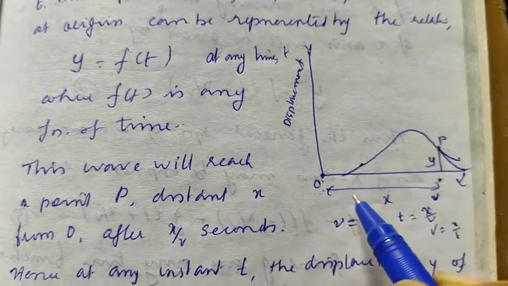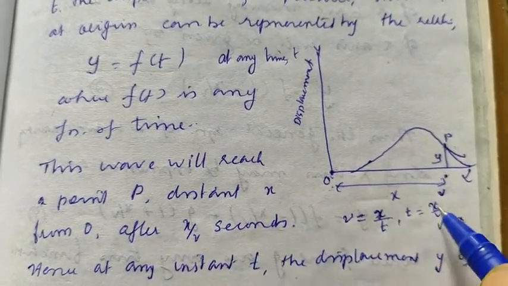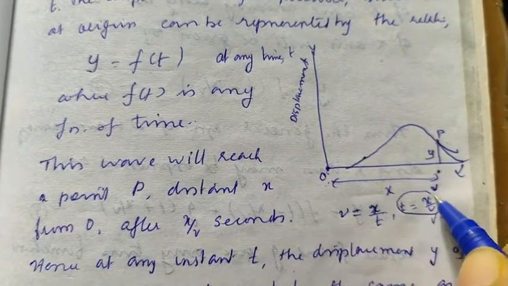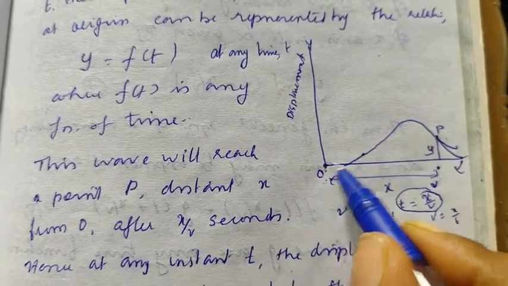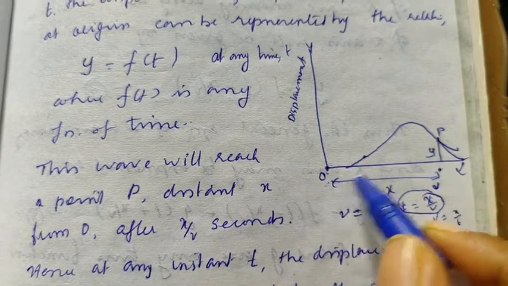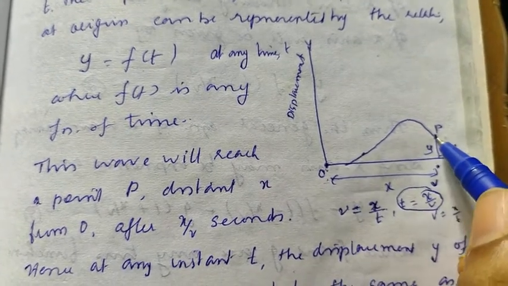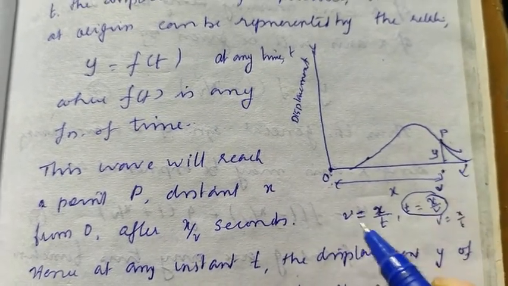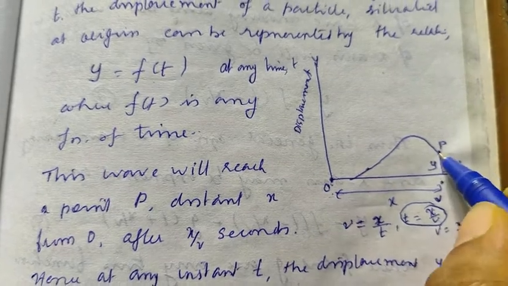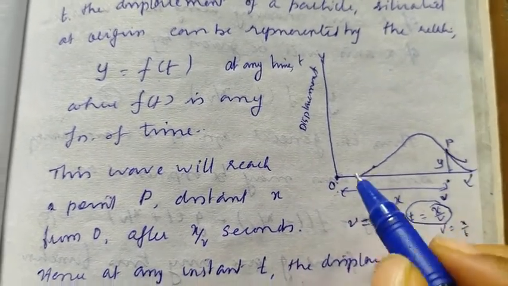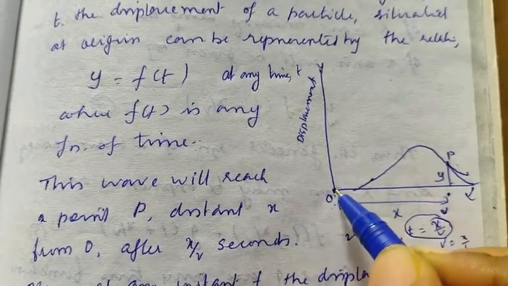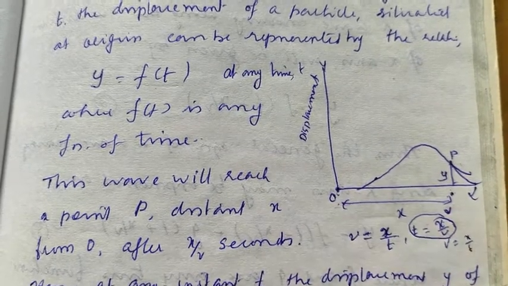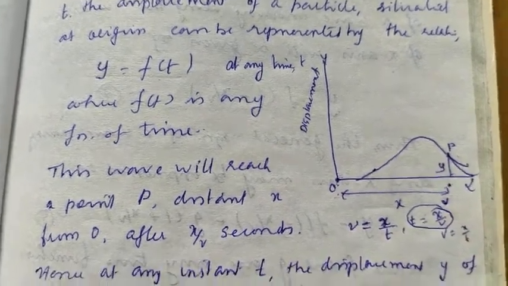And after x by v seconds, the wave has reached here, so its displacement can be represented as the same displacement which was produced at the point O x by v seconds earlier.